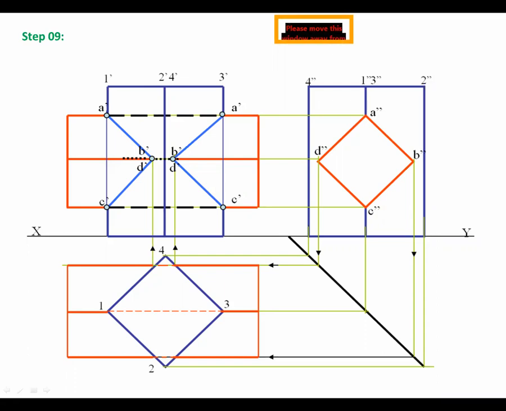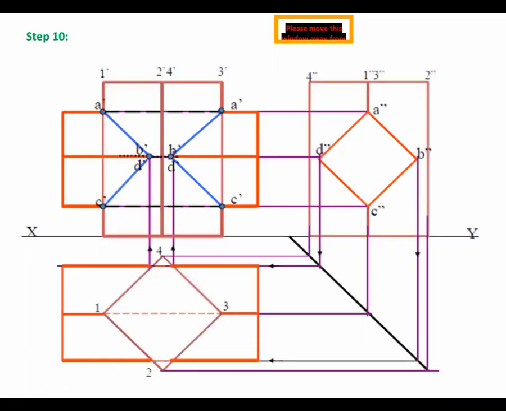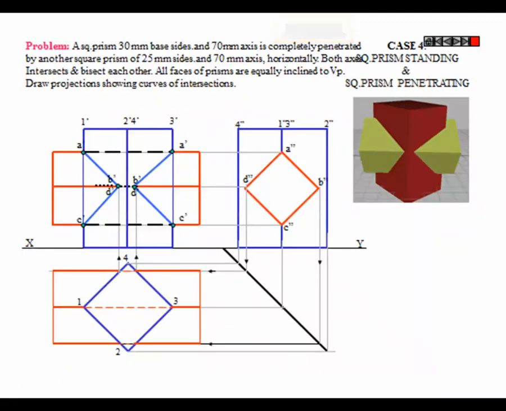Just keep in mind one thing: give numbering and naming to each and every point of intersection. So here is the complete diagram of intersection of the horizontal prism. We have solved this problem.